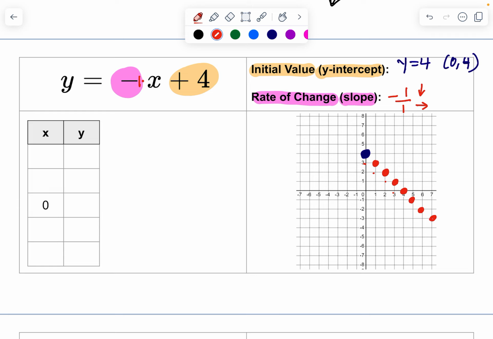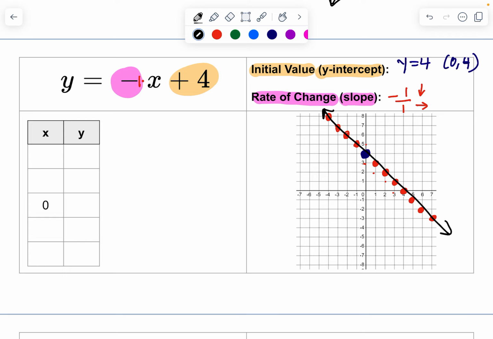Once I run out of space, I go back to the start and do the opposite. Instead of going down 1 right, I'm going to go up 1 left, up 1 left, up 1 left. And that is going to make sure that my graph decreases, that it stays going down. Because if I don't, my graph is going to look really wonky.